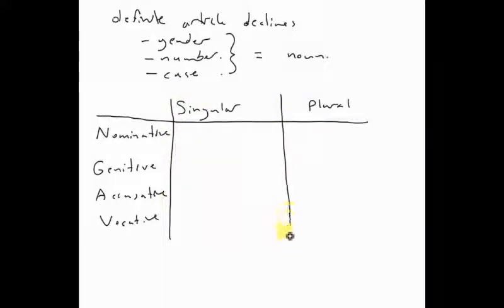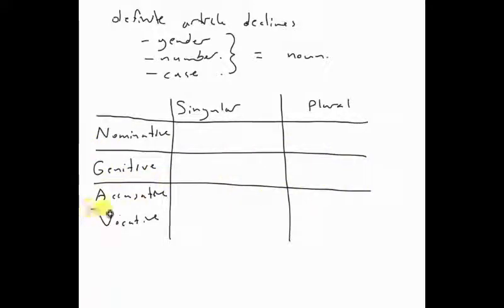So in total, we're going to have 8 different forms for a given noun based on the noun's function in a sentence. And we said that we're going to just cover declension in this video, and then we're going to go into detail for each case and each role that a noun can play in a sentence.